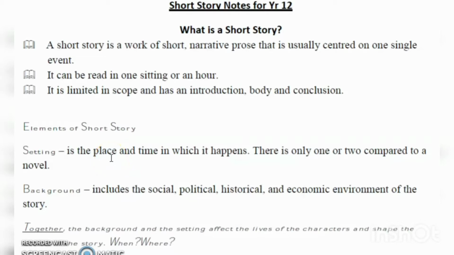Today will just be a refresher, something that I should have started off with before I discussed short stories, but this is just a quick lesson on the elements of a short story. Even though it's titled for Year 12, you can also apply it to Year 13 and lower levels.